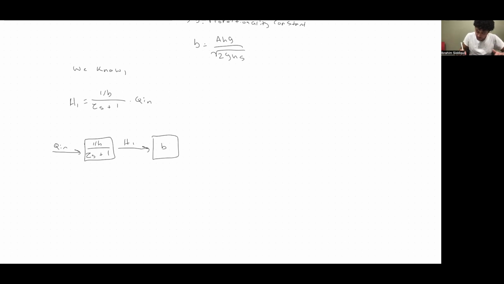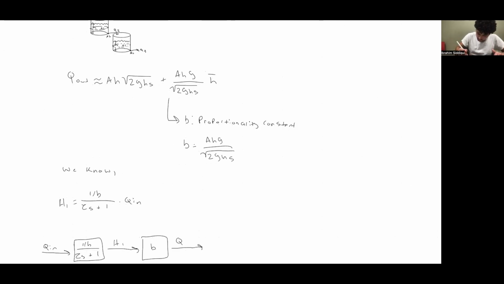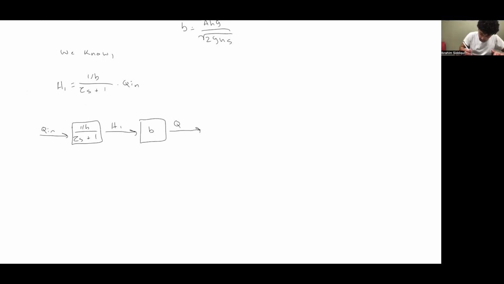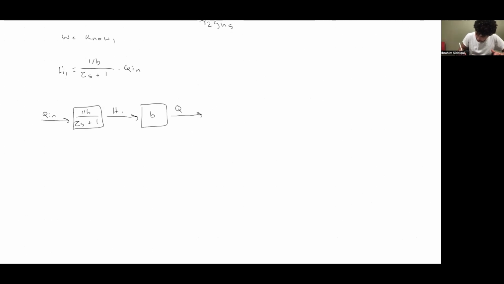So from this, we can look at our second tank. Yeah, so now we're looking at right here. Q1, and again, in this block diagram, we're going to have our H2 equation. So H2 is 1 over B over tau S plus 1.